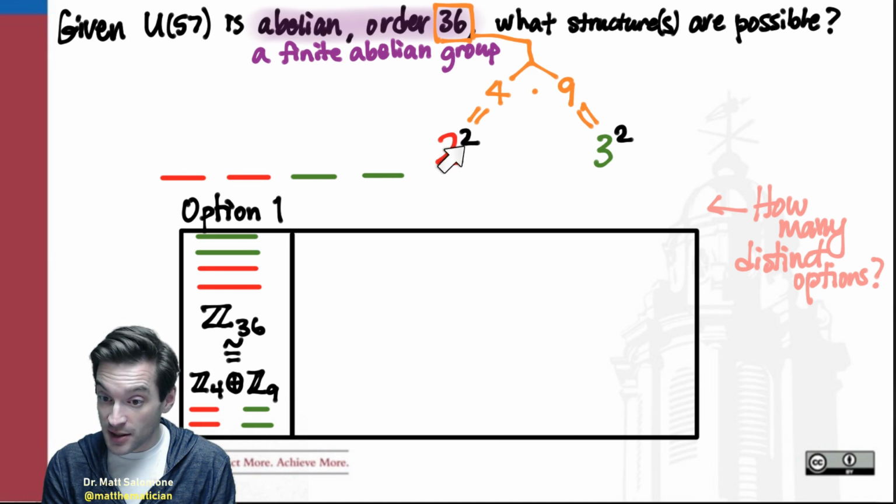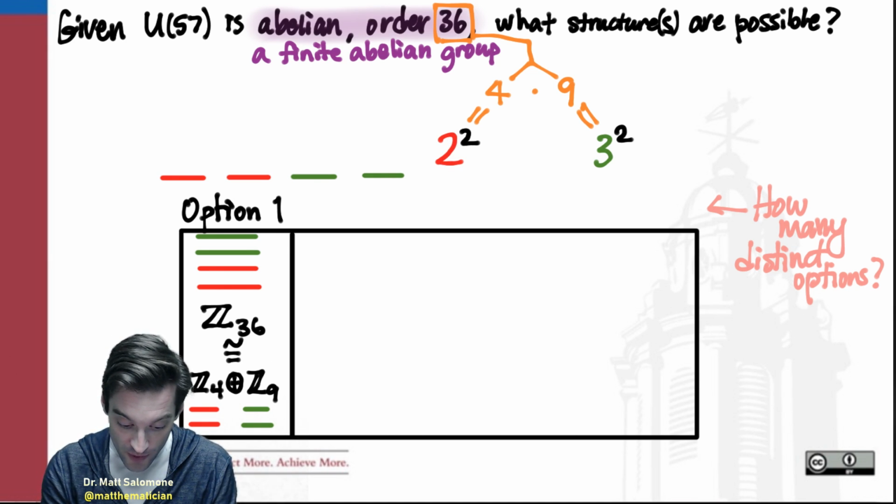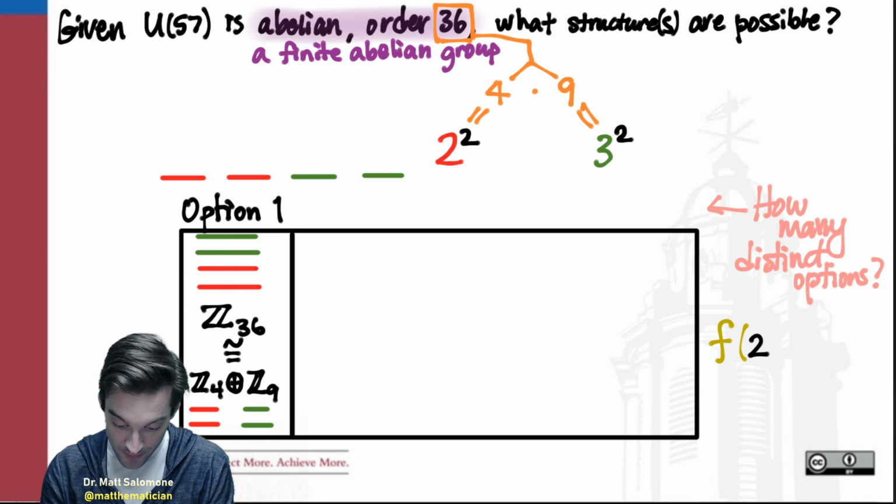So the number of distinct options will be the product of the partition functions of the number of each chip that I have. So the answer to how many distinct options is it's going to be the partition function of 2, being the number of red chips that I have here, multiplied by the partition function of 2, which is the number of green chips that I have to play around with.